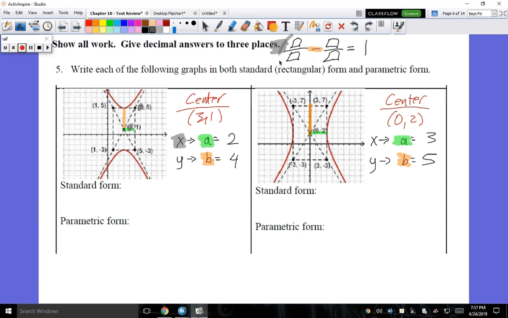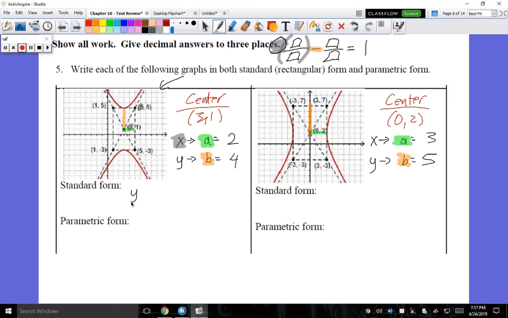Is it looking up and down, or is it looking left and right? Okay, so because this is looking up and down, this positive piece is going to be with the Y. So the Y is going to come first, or the Y is going to be positive. And I'll show you what that means here in just a bit.